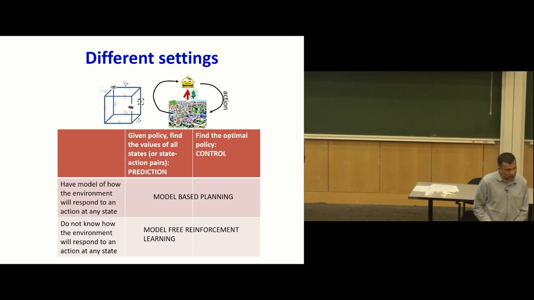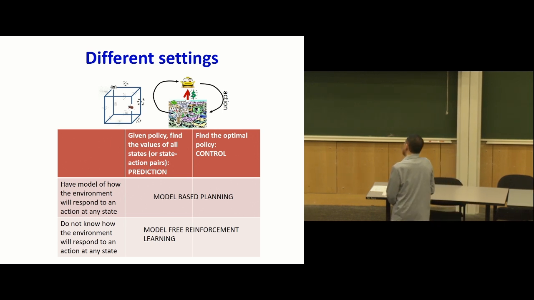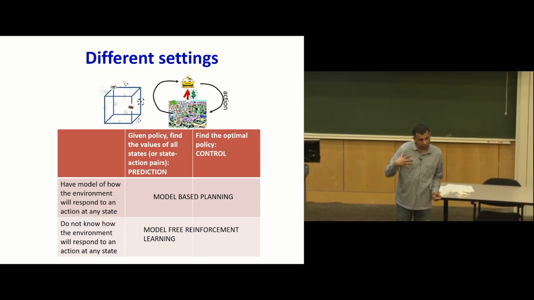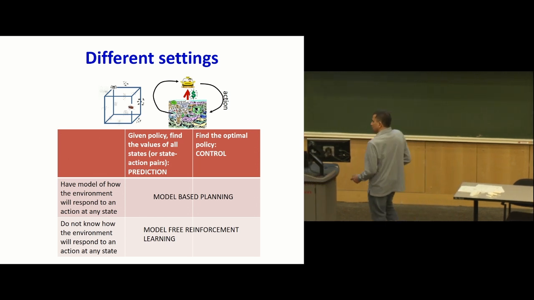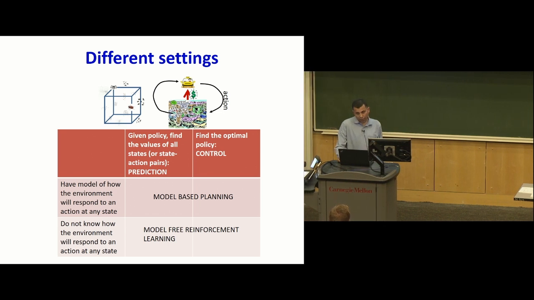In the first setting, you have a model of how the environment responds to an action at any state. We call that model-based planning. So this is where we had a proper Markov decision process where we knew how the environment changed in response to an action. And then you had the model-free setting where you really didn't have a clue how the environment was going to respond, but you had to learn about it anyways.